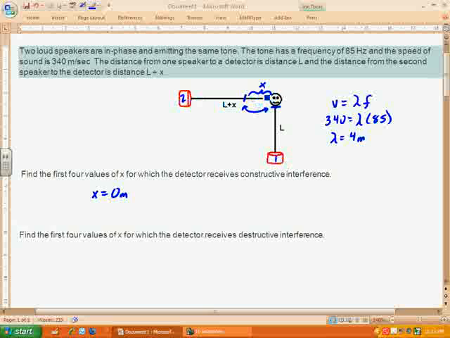Well, during that X, I need to make sure that I'm going through a complete cycle. It doesn't matter where you were at the end of L, because they're at the same place at the end of L. So as long as I go through a complete cycle between here and the listener, then I'm going to be getting constructive interference.